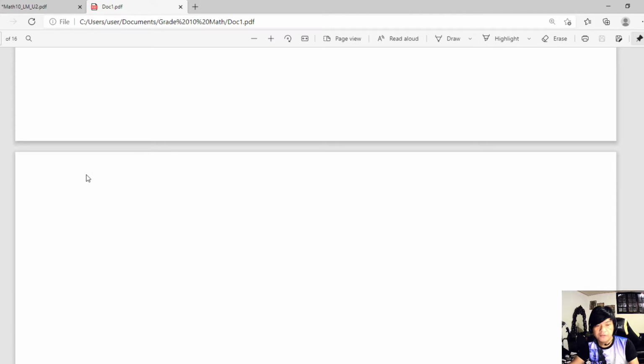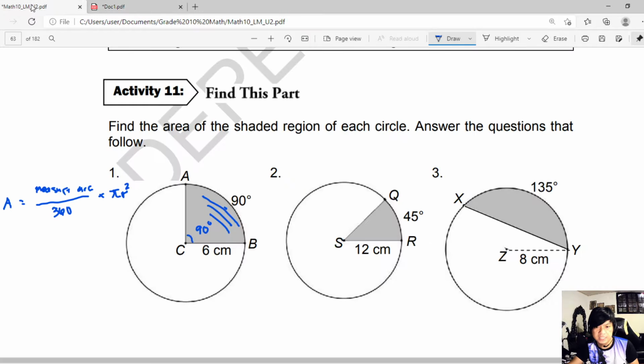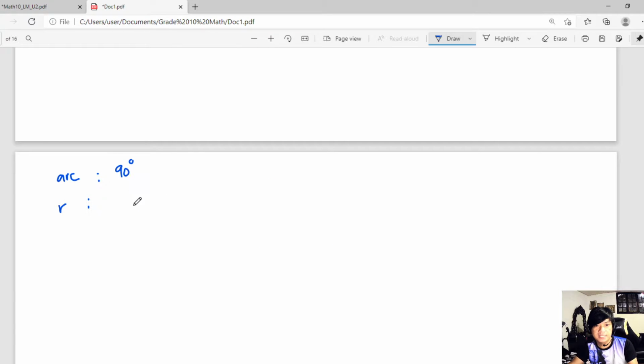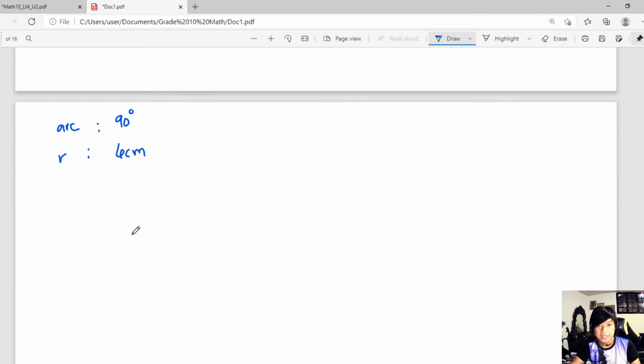So the measure of the arc, according doon sa ating given, the arc is 90 degrees and the radius is 6 cm. Yes, 6 cm. So gagamitin natin ang mga data na to para malaman natin ang area ng shaded portion.